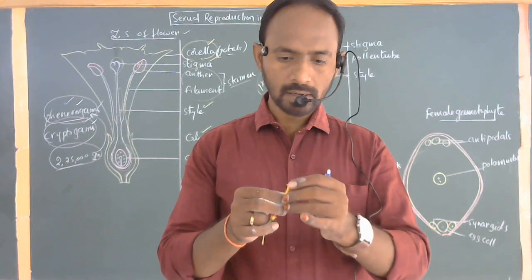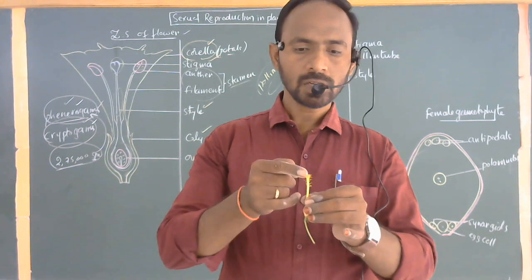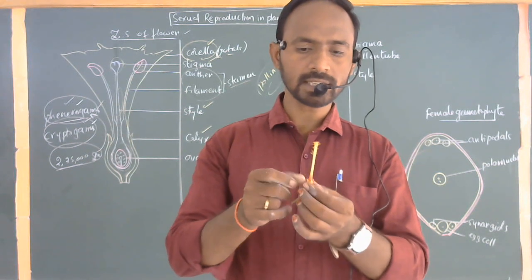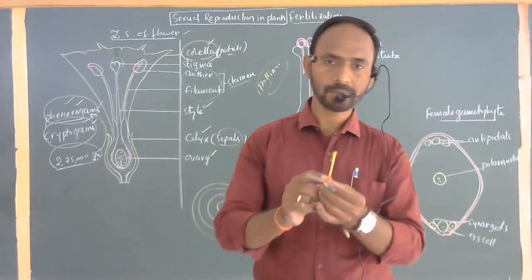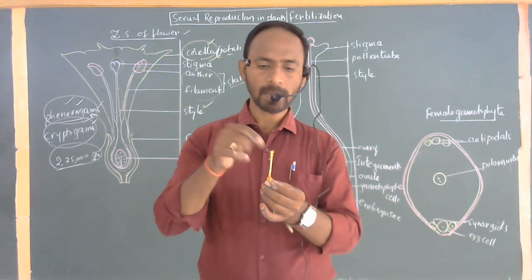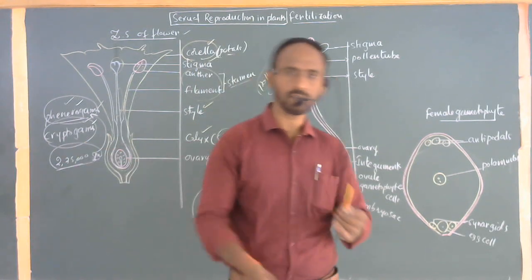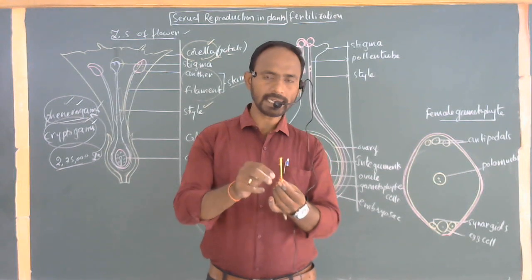This tip or terminal part is commonly called the stigma. The length of it is called the style. The base part of it is commonly called the ovary. Within this part there are ovules. If you observe clearly in your surroundings, you can open the internal part and cut it into two pieces.